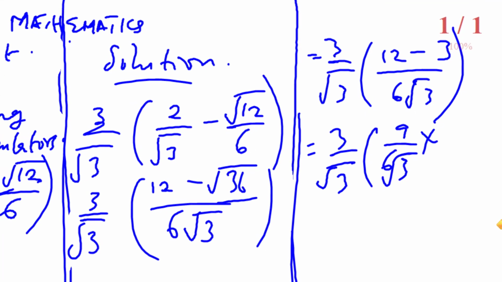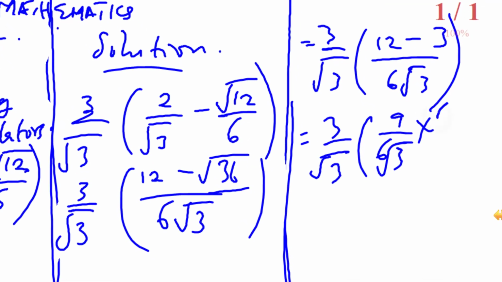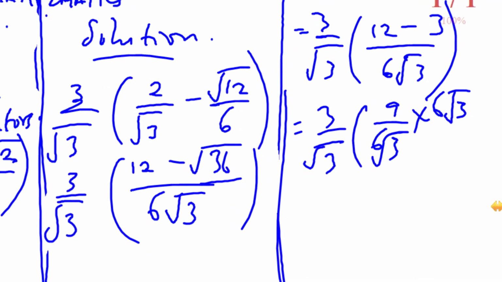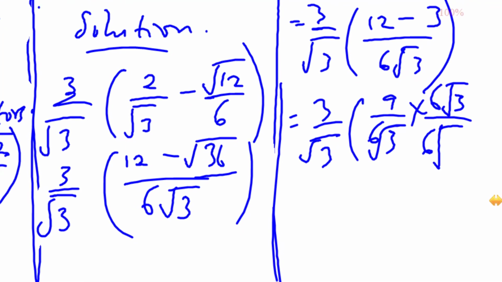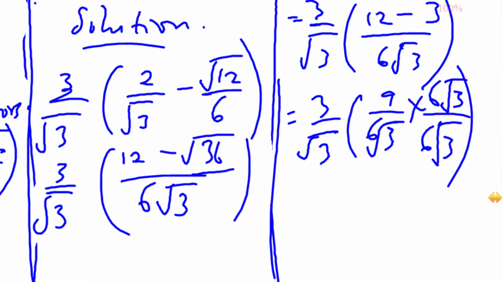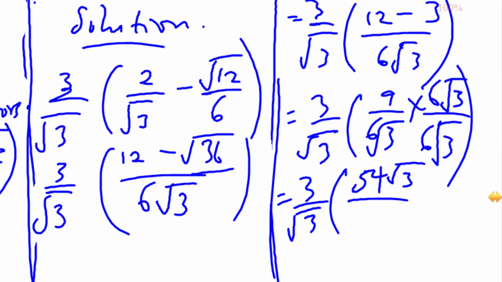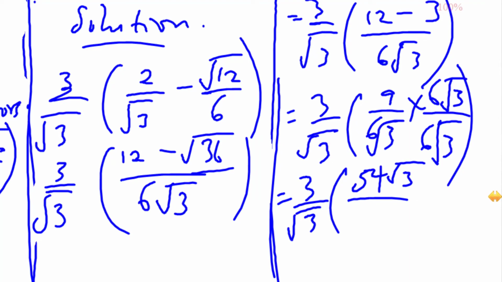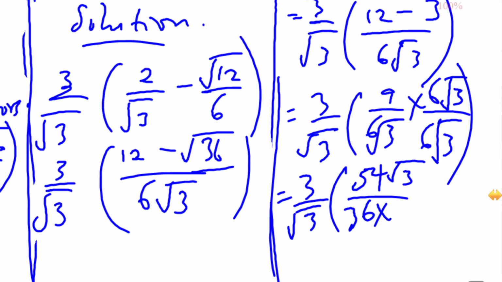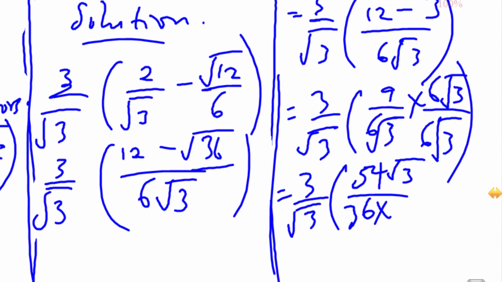So the conjugate surd of 6 root 3 is going to be 6 root 3. So multiply the numerator and the denominator respectively with 6 root 3. So we have 3 over root 3 in brackets. Then let's multiply this: 9 times 6, that's 54 root 3, all divided by 6 times 6, that's 36, then 36 times root 3 times root 3, that's 3.